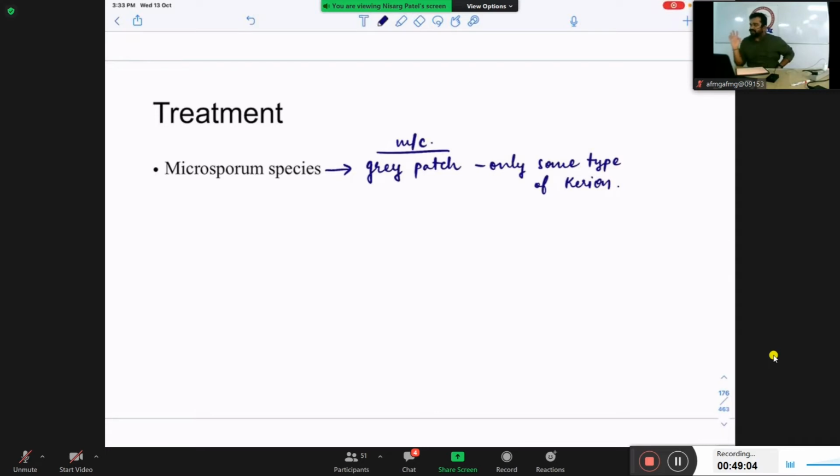Otherwise, carrion is most commonly caused by Trichophyton. In this case, the drug of choice is griseofulvin.